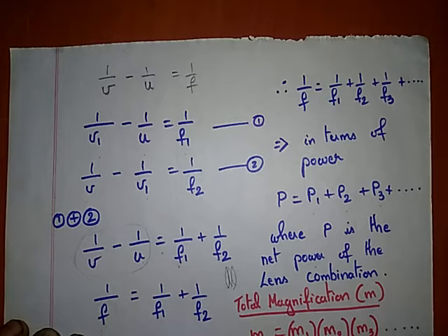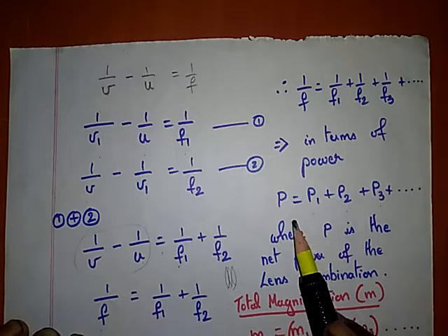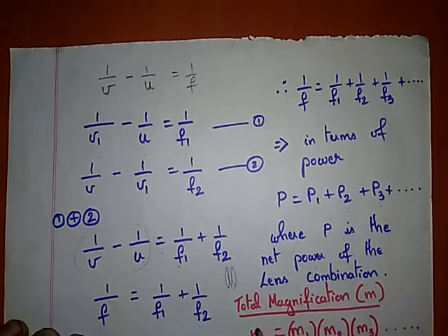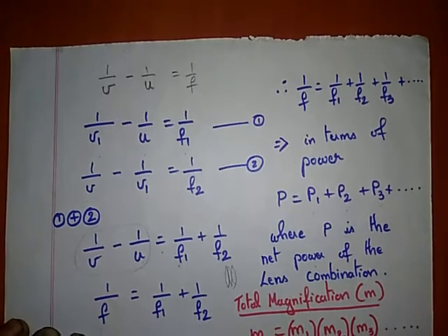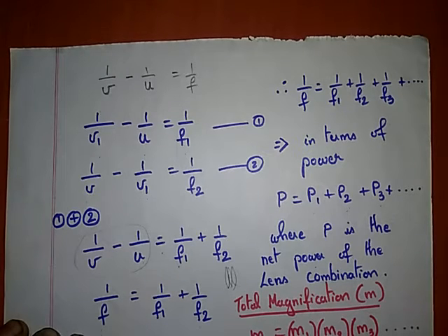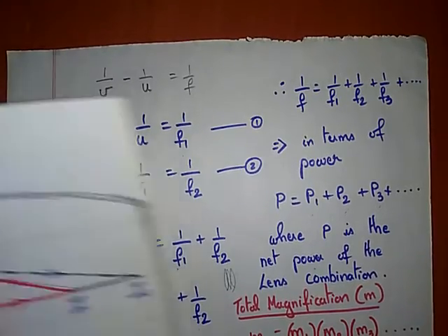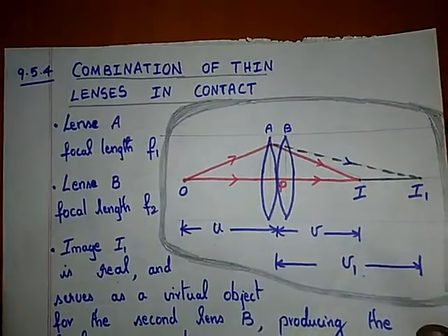So M1 into M2 into M3 and keeps on going for n number of lenses. That will give you the total magnification. So in terms of power we are adding, and in terms of magnification we are multiplying the individual lens magnification values. So that's all about combination of thin lenses in contact.